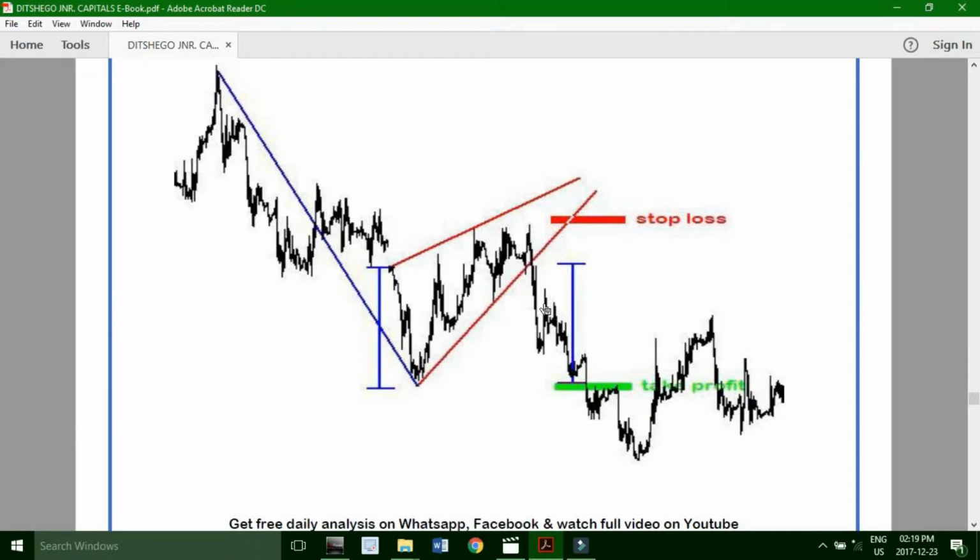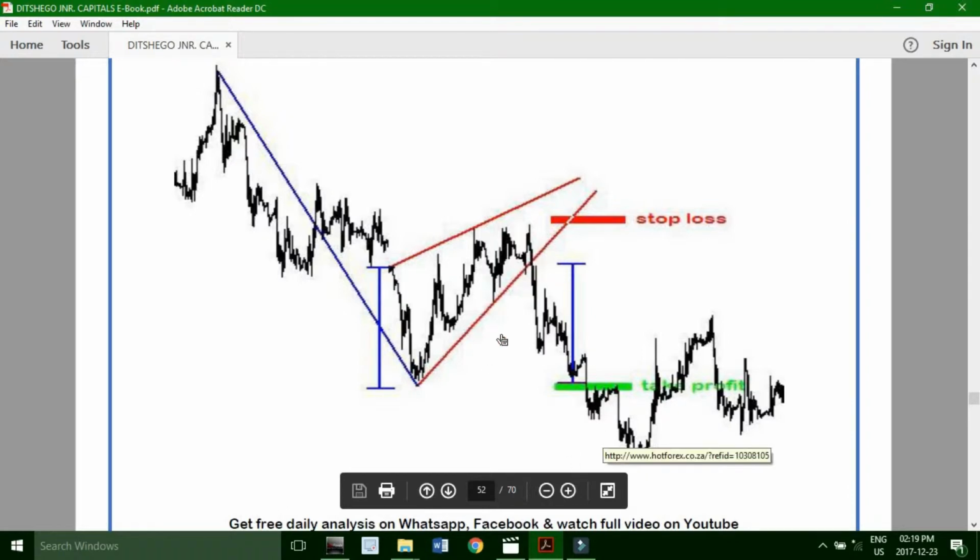For us to have a complete wedge, as I said before, it needs to touch at least twice on the upper trend line and twice on the lower trend line. As you can see, it did touch here, over here, and over here, and we finally broke and then started selling this currency pair.